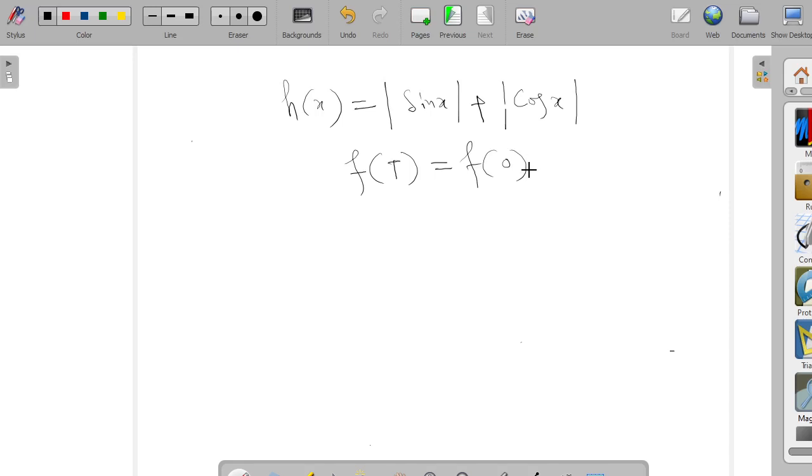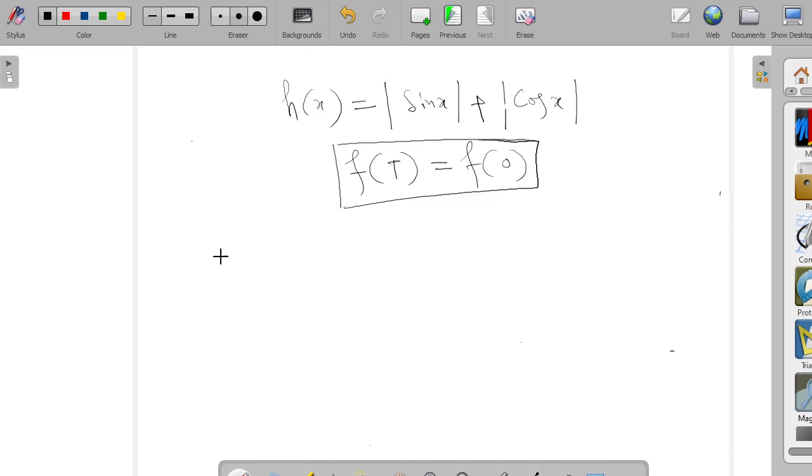Here we can see that 0 is in the domain of both sin x and cos x, so we can apply this technique to get the desired result.